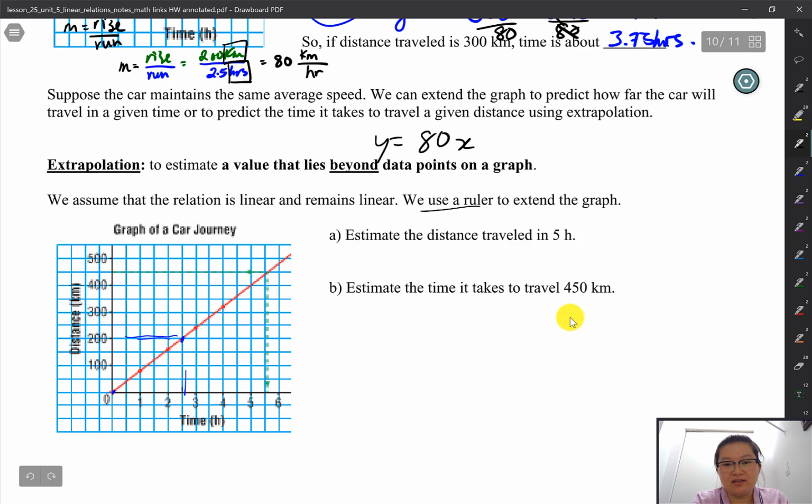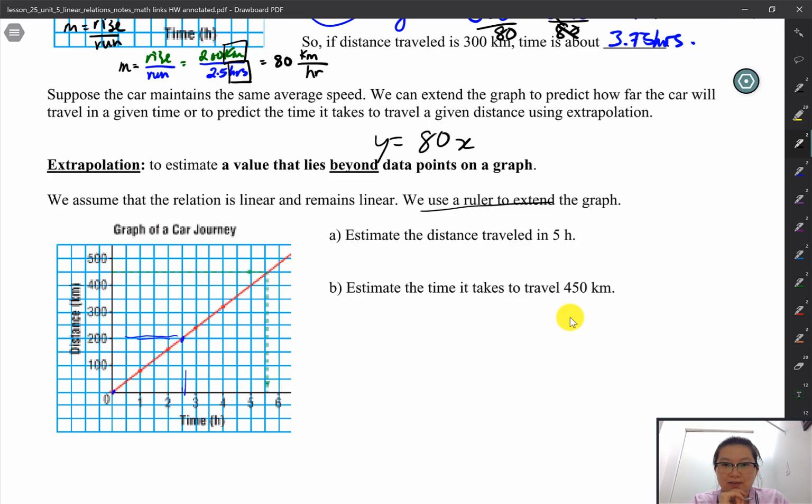In the question, it says use a ruler to extend the graph. Our equation is the extension to the graph because it can just go on forever and ever. And if you don't believe me, plot this out on Excel or on Desmos. Then you can see what I mean. Let's do A together.